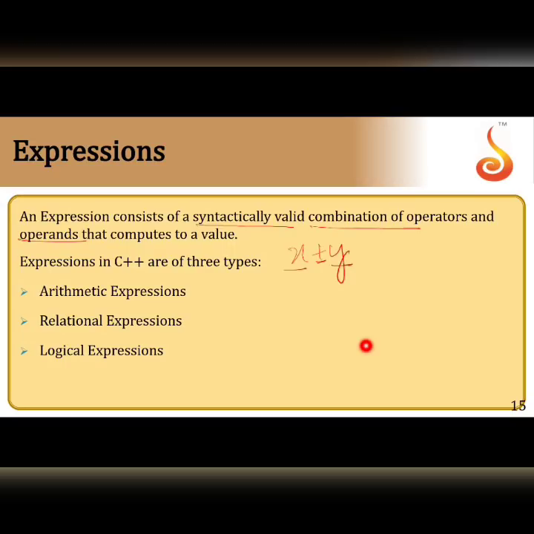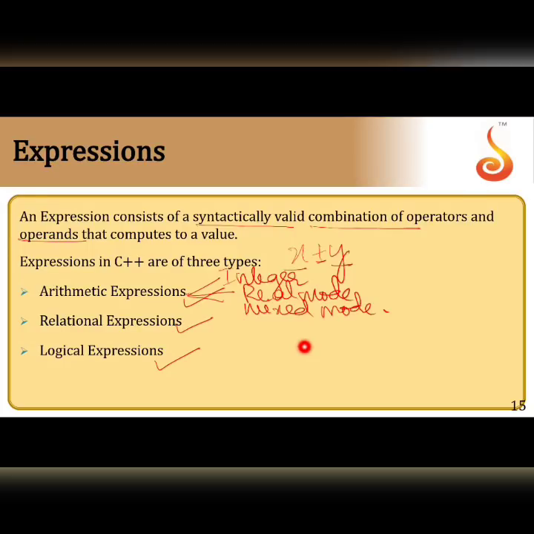So the three types of C++ expressions are arithmetic expressions, relational expressions and logical expressions. Again in arithmetic expressions we have integer mode, real mode and mixed mode expressions. Fine.